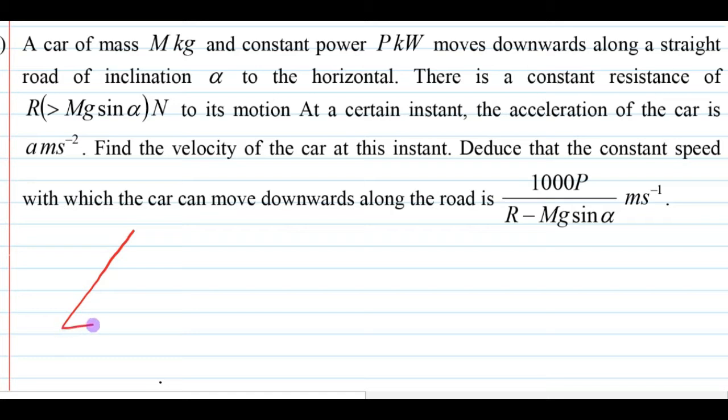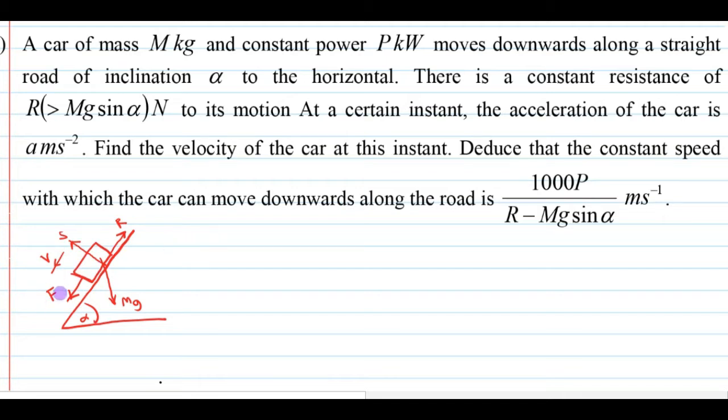First, sketch the diagram for this sum. F is the tractive force and R is the constant resistance, and mg is the weight of the car, and V is the speed of this car.